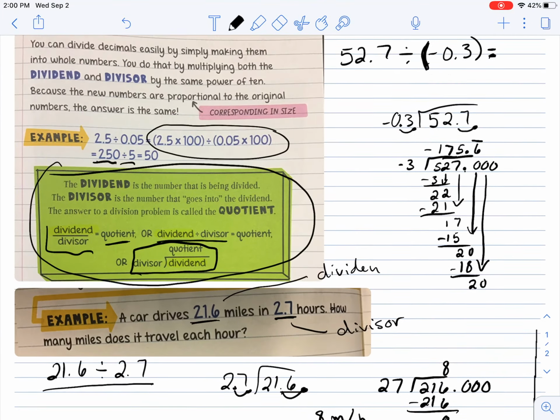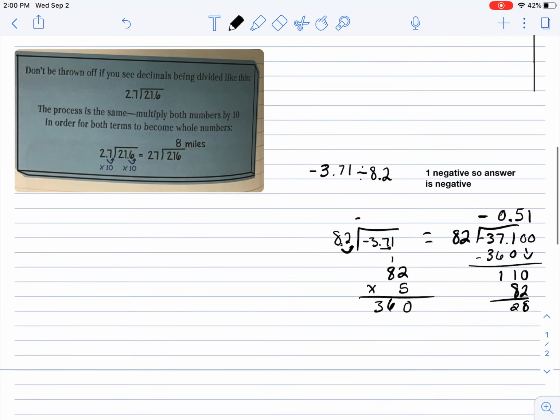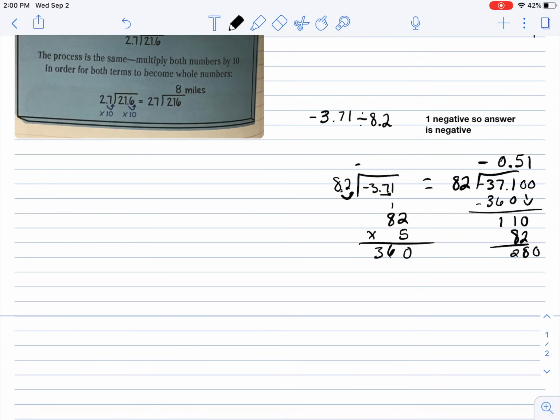Then bring down another 0. That can go in 3 times, which is going to give us 3 times 2 is 6, and then 24.